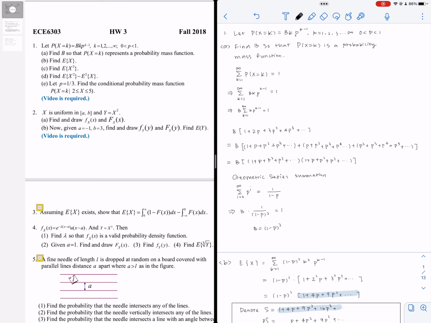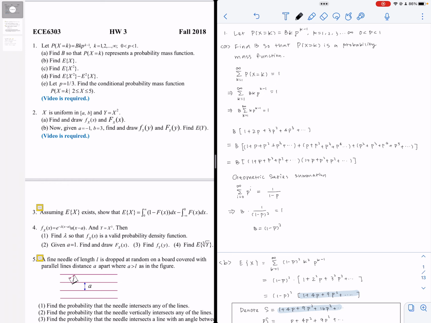We can notice this is kind of like a geometric series, but it is not. Eventually the summation equals b times 1 plus 2p plus 3p squared plus 4p cubed, and so on and so forth.